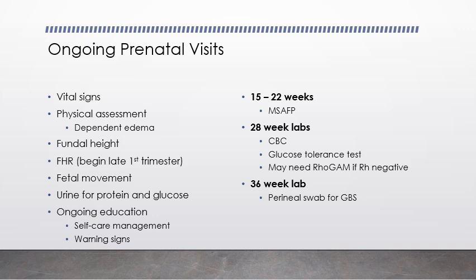We don't know what the blood type of that fetus is, and to be safe, if there had been any type of blood mixing, we would want to make sure that the woman was covered with RhoGAM. So that's done for Rh-negative mothers. Then at the 36-week checkup, that perineal and perianal swab is done for group B strep.